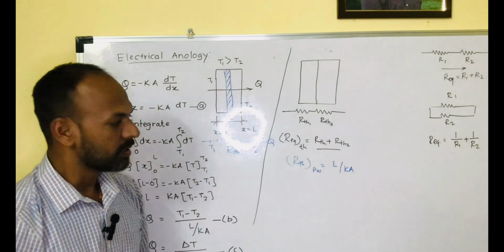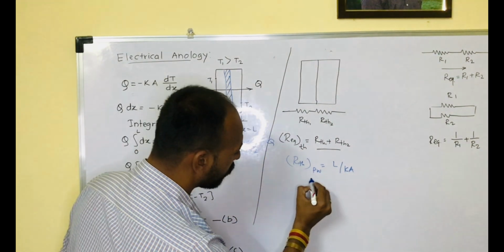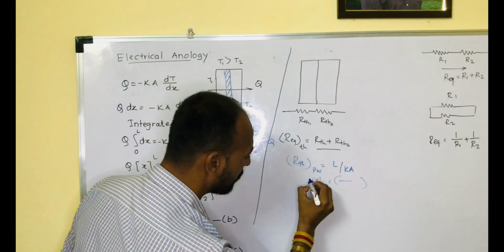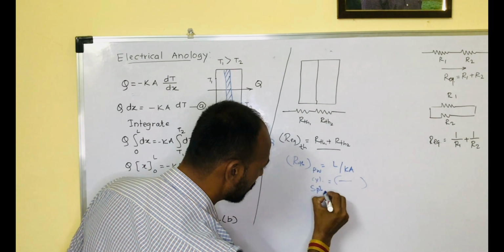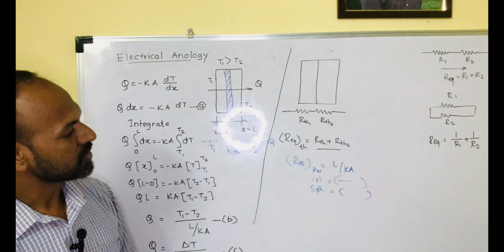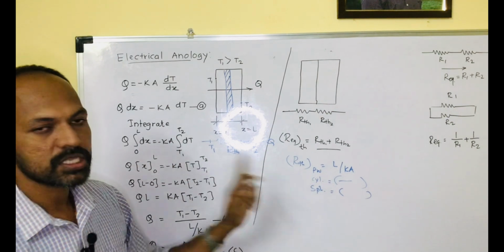Okay, if I replace this plane wall with a cylinder, then this value might come different. If I replace it with a sphere, then also this value may come different. In further lectures we are going to derive these equations.